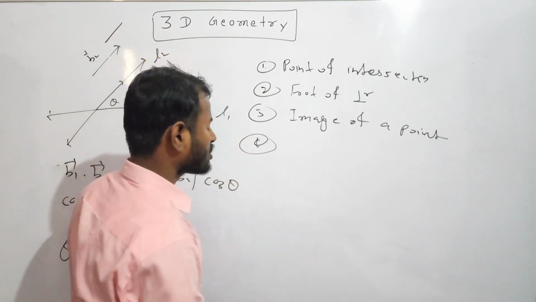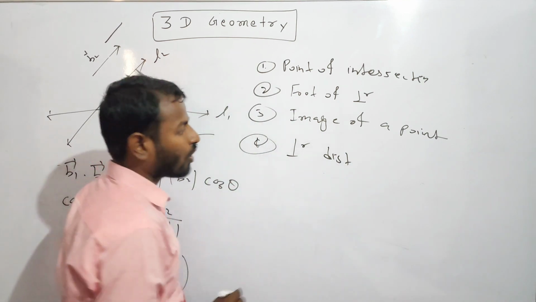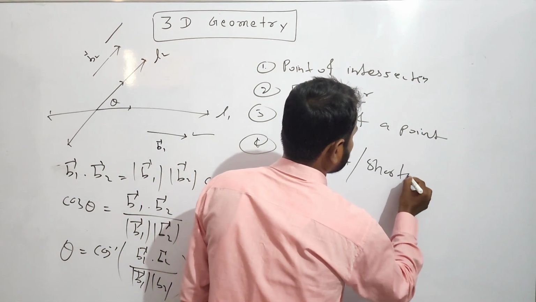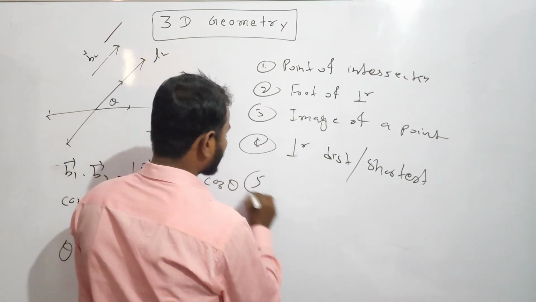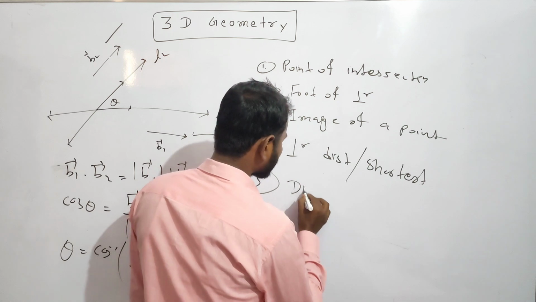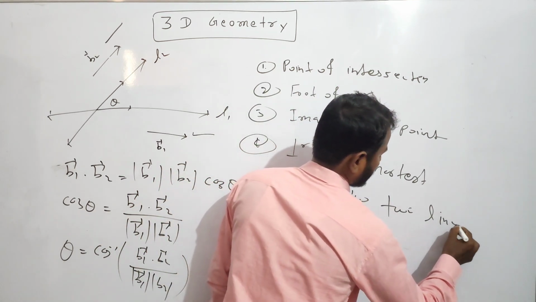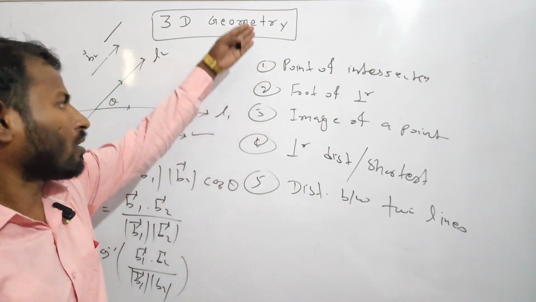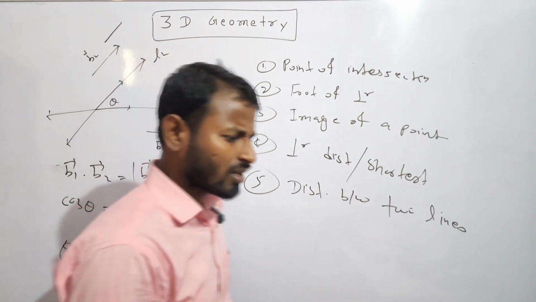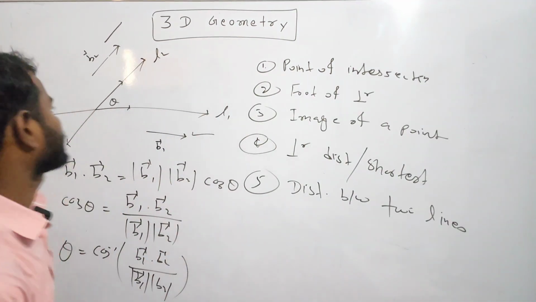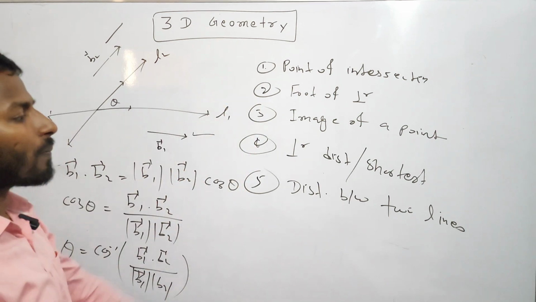The next topic is how to find the perpendicular distance, or shortest distance, from a point to a line. And the last one is the distance between two lines. For solving all these concepts, we have to use a single approach. Let's see what the single approach is, for finding the point of intersection, the perpendicular, the image of a point, or the perpendicular distance.